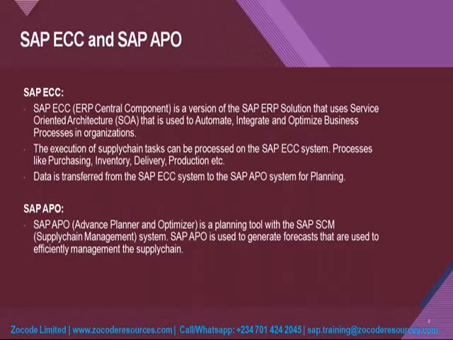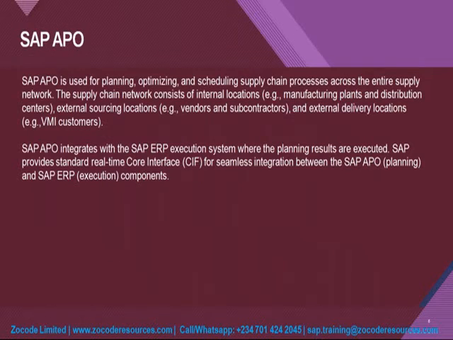APO is used to generate forecasts that are used to efficiently manage the supply chain. So SAP APO is used for planning, optimizing, and scheduling supply chain processes across the entire supply network.